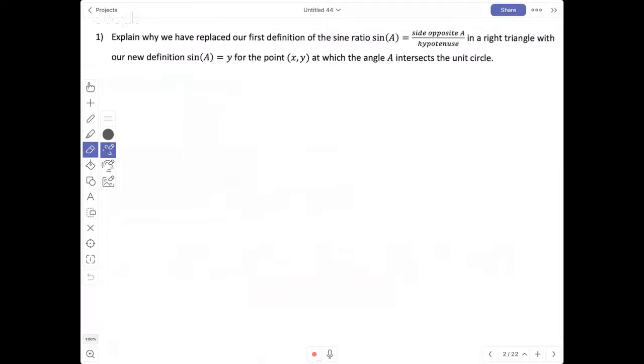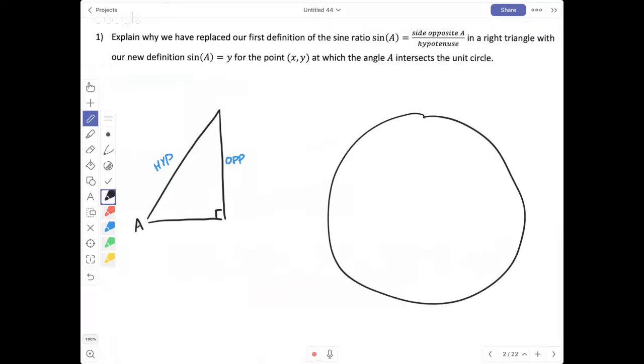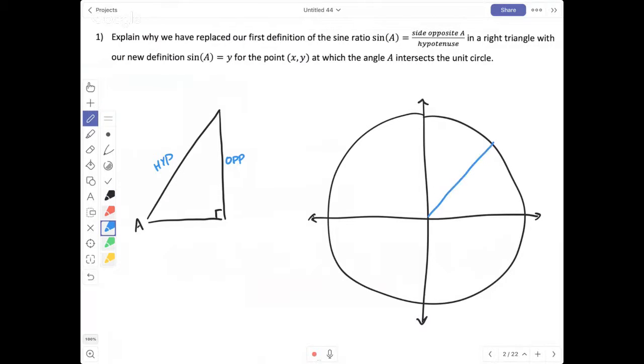Explain why we have replaced our first definition of the sine ratio, which was sine of A equals side opposite over the hypotenuse in a right triangle, with our new definition, which is now sine of A equals y for the point (x, y) at which the angle A intersects the unit circle. So we used to say this, and now we've got this.